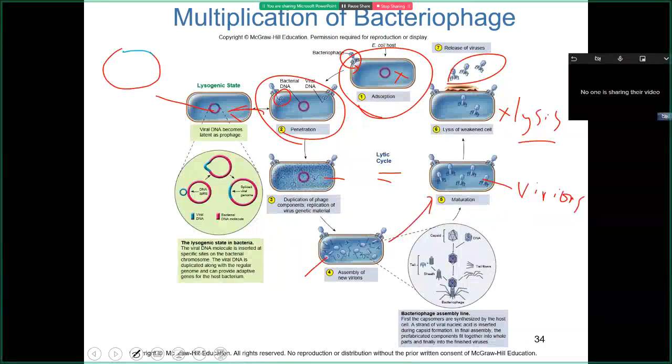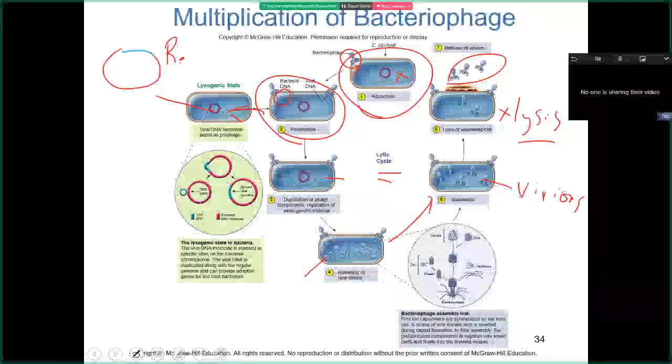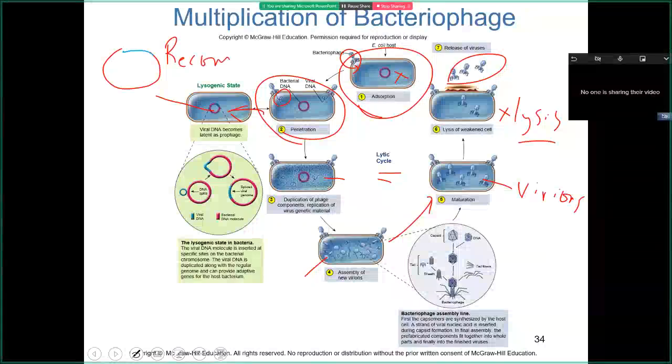So the blue in there is viral DNA plugged into the nucleoid, all right? It's a recombinant DNA. Remember that? We talked about that previously. This is a recombinant DNA.